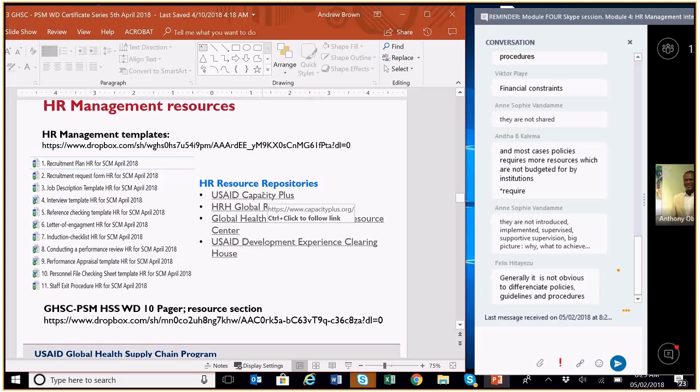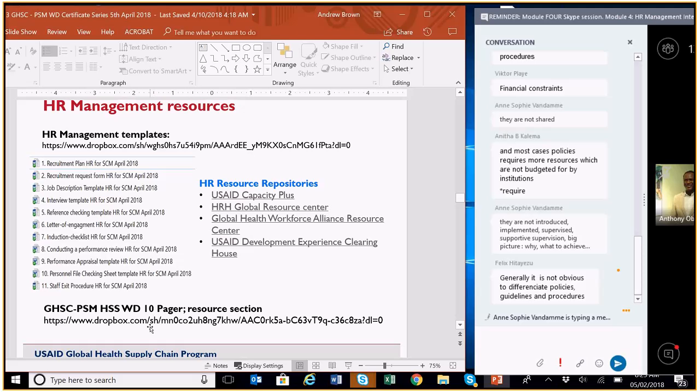USAID Capacity Plus, which was a previous project USAID funded, the Human Resources for Health Global Resource Center, another USAID repository, Global Health Workforce Alliance, which is a big WHO resource center on human resources, and then the USAID Development Experience Clearinghouse, which is also called the DEC. These particular repositories have a wealth of information, and I encourage you to explore them.